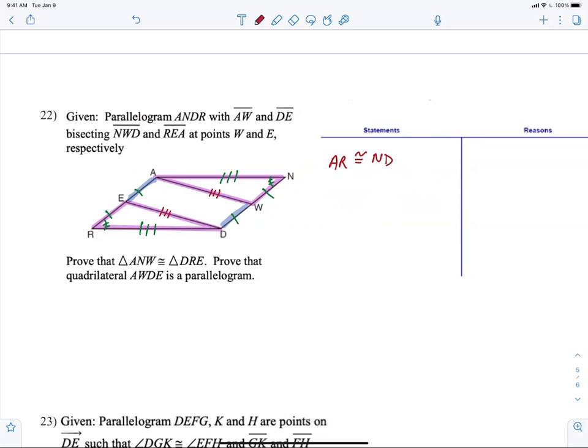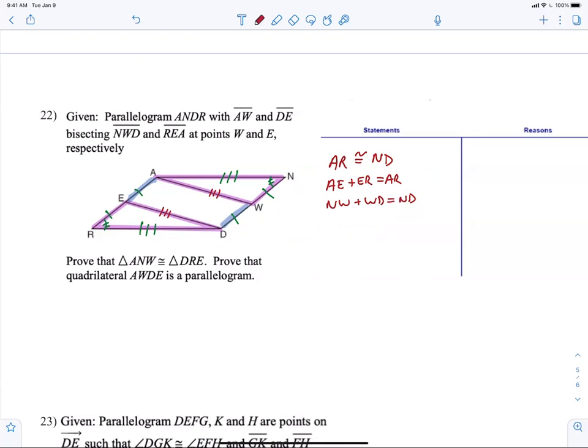Doesn't it say it's a parallelogram? Right? We know it's a parallelogram, and we know now that AE plus ER equals AR, and we know that NW plus WD is equal to ND. So I agree with that?